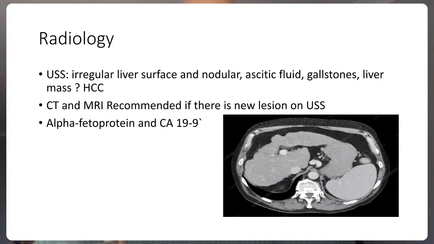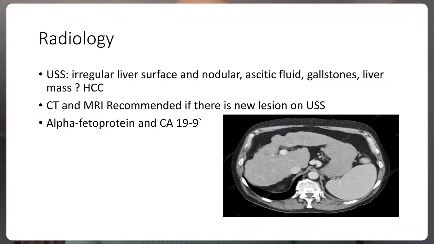It will also show us whether there is cystic fluid or gallstones, which is particularly common in people with liver cirrhosis. If we find on ultrasound scan a mass that's suspicious, then we do a CT scan or MRI with hepatocellular contrast to characterize the nature of the lesion further.